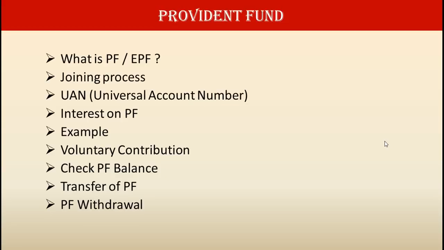By the end of this video you will be able to answer a majority of the questions, that is what exactly is Provident Fund and how to join the process of getting included in the Provident Fund scheme.